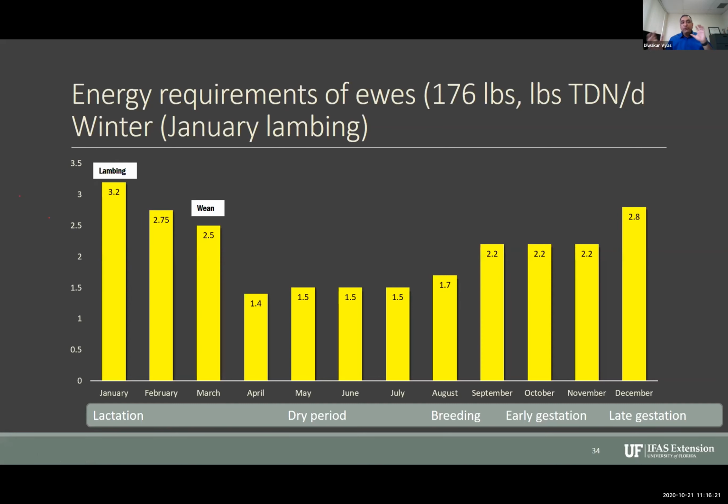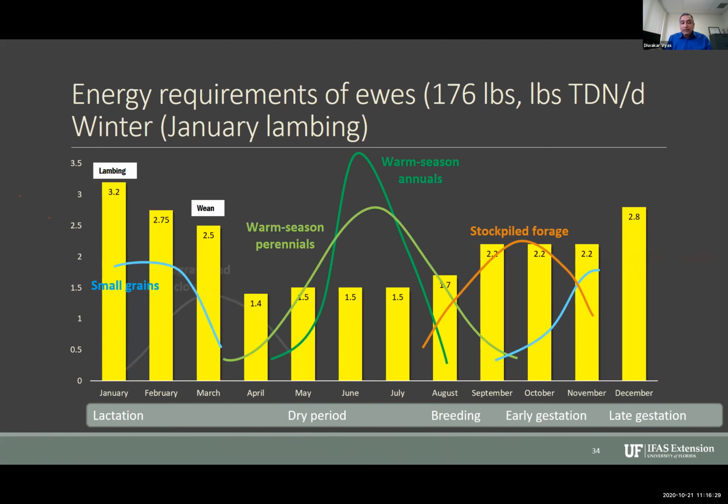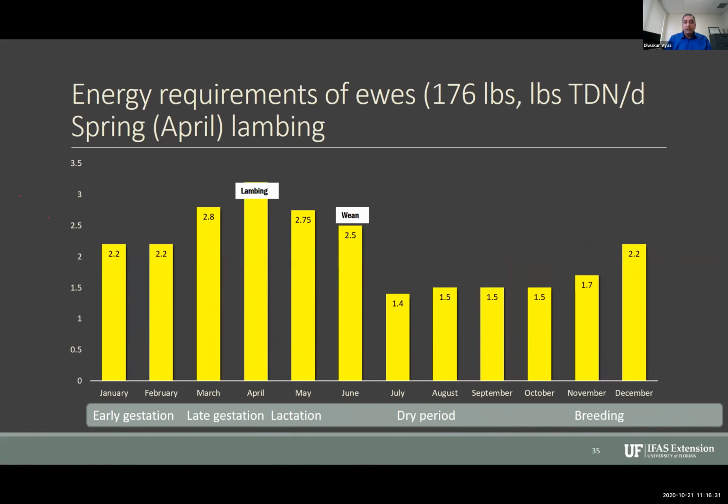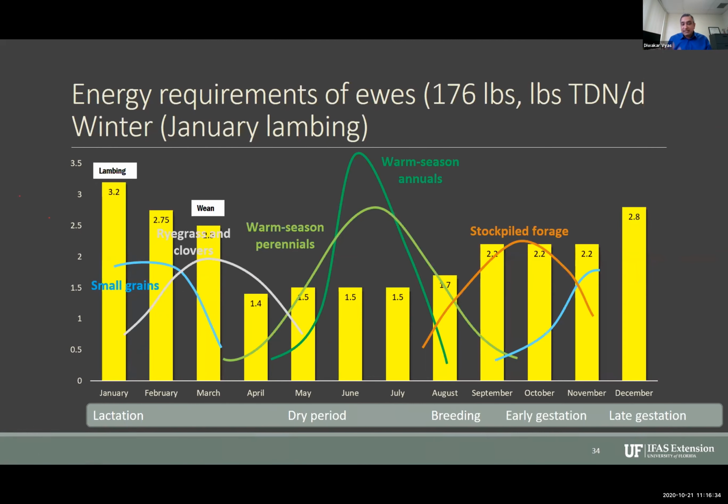Now, if we know the forage biomass, we can just superimpose that forage biomass on the requirements and make sure that the nutrient requirements are fulfilled. This is the concept I want to convey, that we should be aware of what kind of biomass is available, what kind of nutrients are available, and whether those nutrients can balance or fulfill the requirement for these animals.